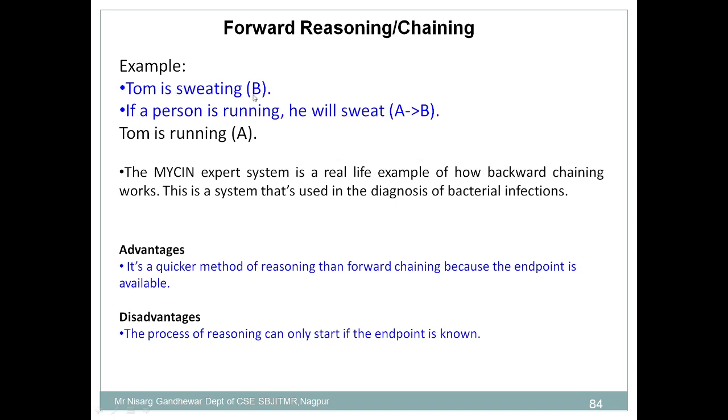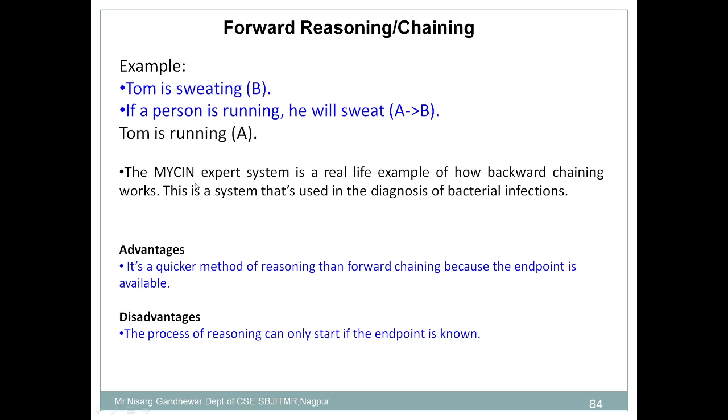In this way we reach from the goal state to the initial state, using the rule A implies B, which says that if a person is running then he will sweat. So backward reasoning is used to find the rules that we applied to move from the initial state to the goal state.